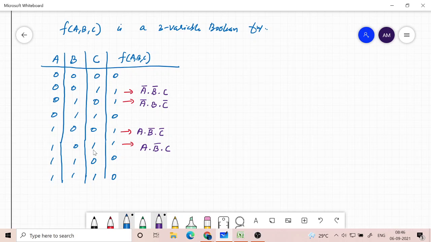I can write f of A B C as A bar dot B bar dot C, plus is the OR operation. So this is one way it can become 1. Another way it can be 1 is A bar dot B dot C bar, or I can have another possibility satisfied, that is A B bar C bar, or even the fourth possibility, that is A B bar dot C. So this is an alternate way in which I can express the Boolean function.